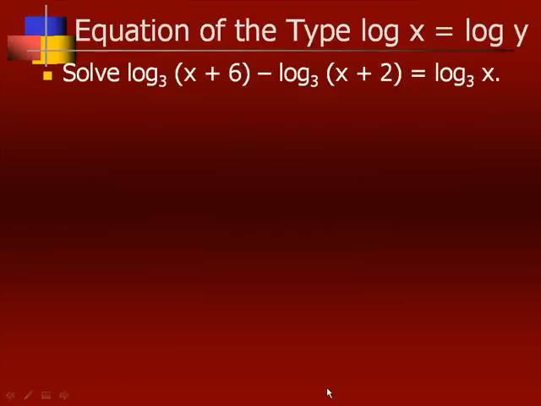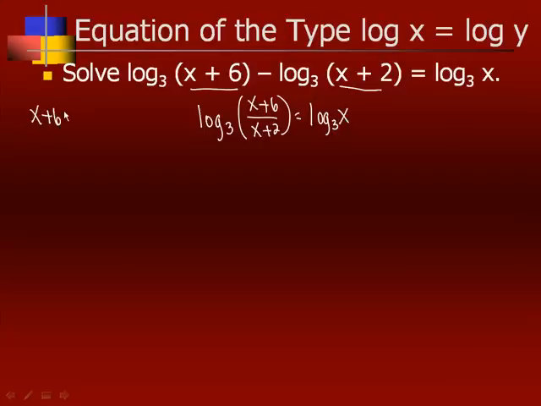This is the type log of x is equal to the log of y. Now, because these are all log base 3, one thing we could do would be to try and write them as single logs. Well, over here, because it's the log of this minus the log of this, remember our quotient rule says we can write that as the log base 3 of x plus 6 over x plus 2. And that is equal to the log base 3 of x.